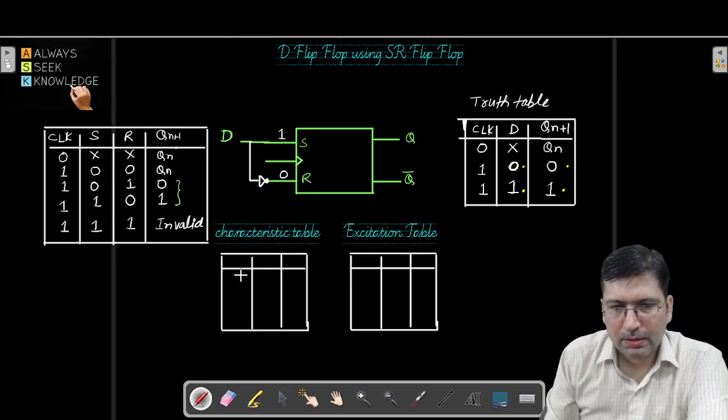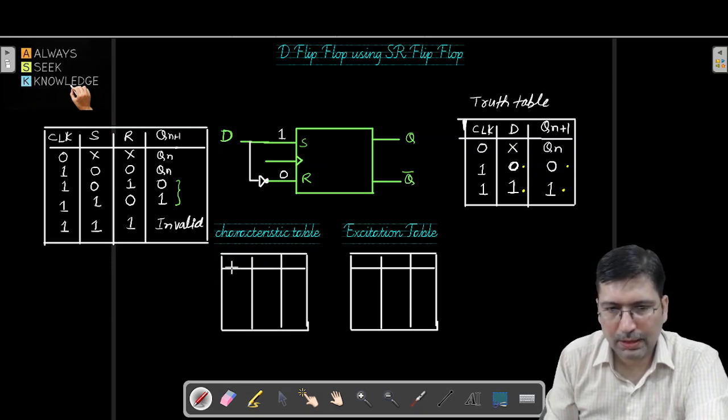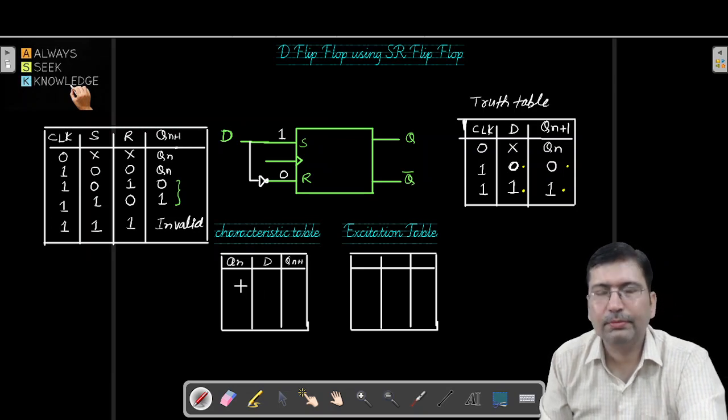We are already aware that in the characteristic table, we will have two parameters as input. So let's say Qn and D, and we will predict Qn plus 1.